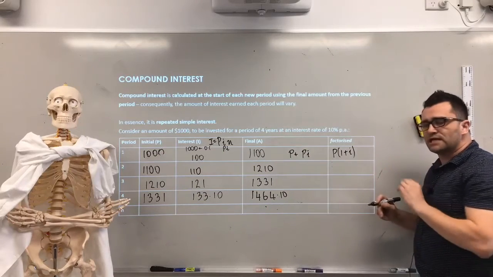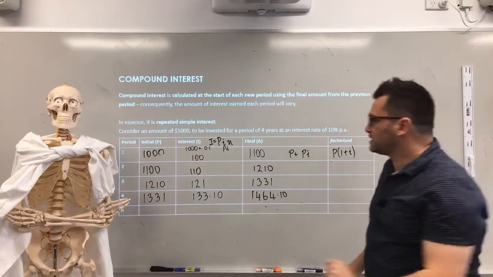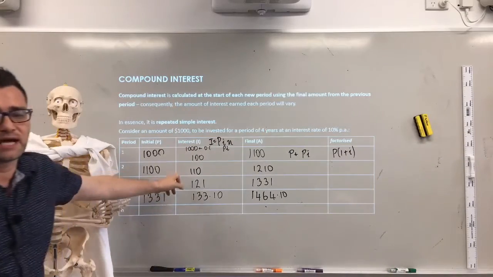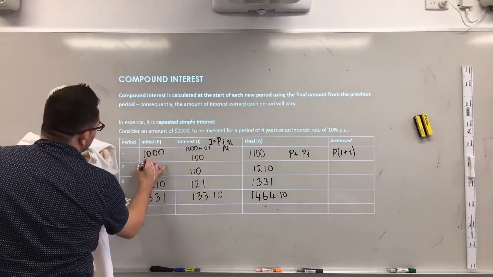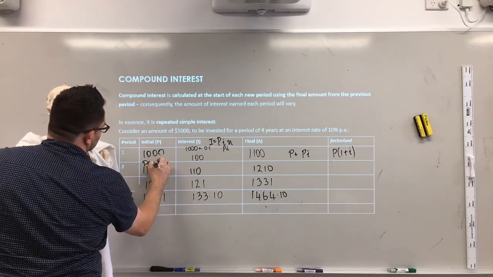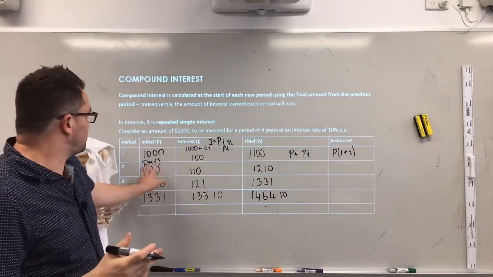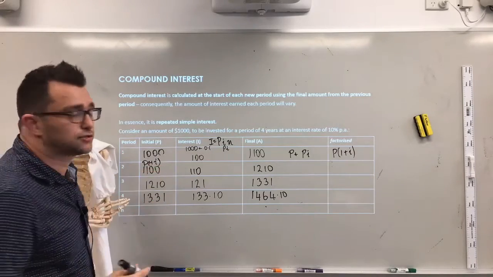So what I'm going to do now is we're going to start to fill in a bit more of this algebra. So this initial value that we start with here was actually our original principal, 1 plus I. And our interest was calculated by multiplying these two numbers.